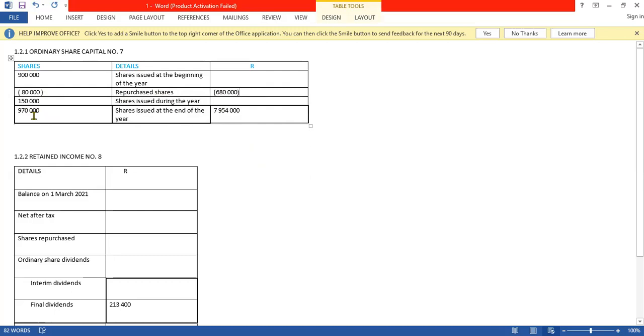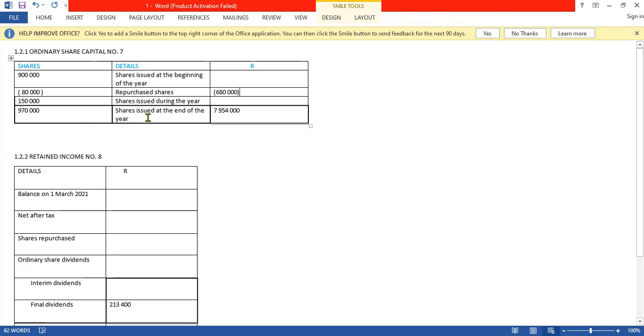So this one was not given, right? In order for us to find it, we said 900,000 shares were issued at the beginning, subtract 80,000 shares that were repurchased, and then add shares that were issued during the year, then that gives us 970,000.